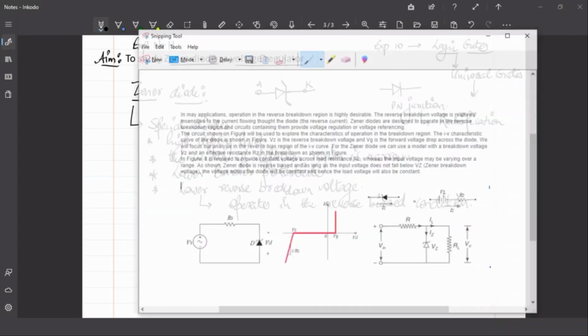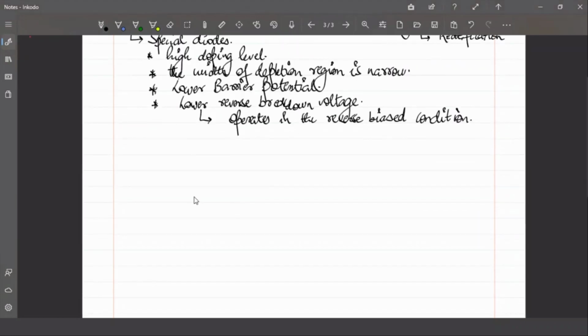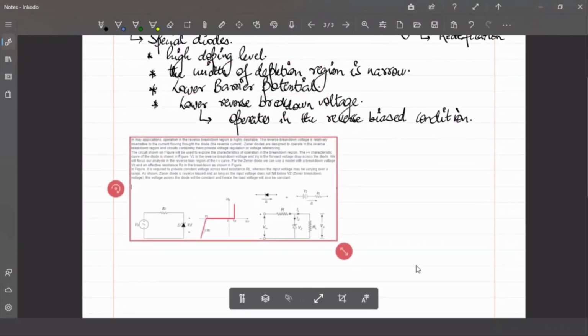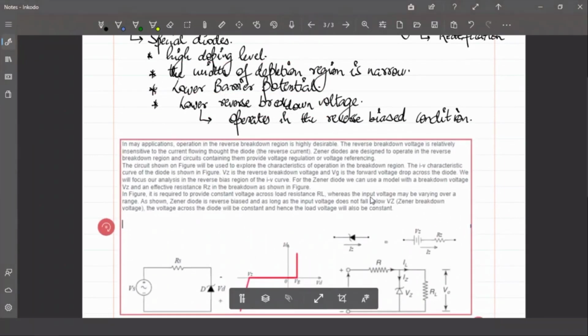Sir, you're not audible. Yeah, 1 second. Actually, I'm adding some figures. Okay, 1 second. Just hold on. So some graph and circuit diagram I would like to use so that this is clear.